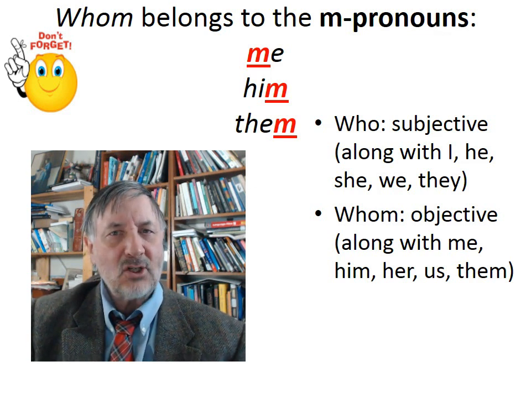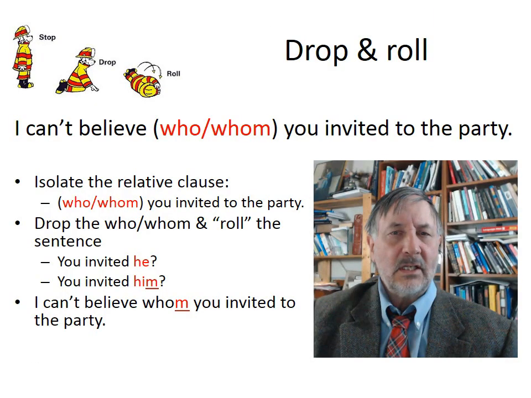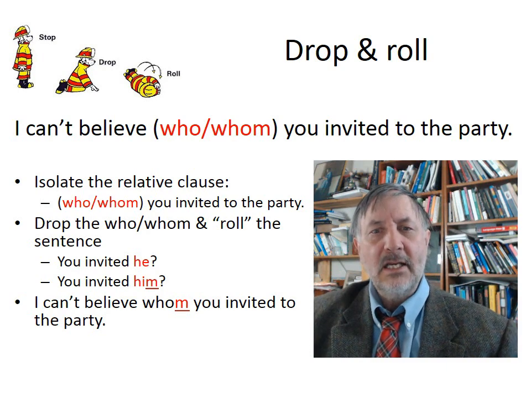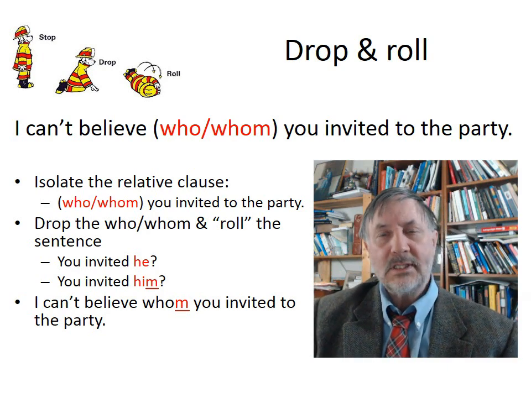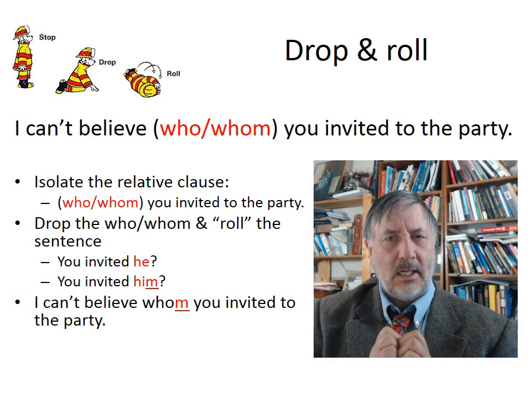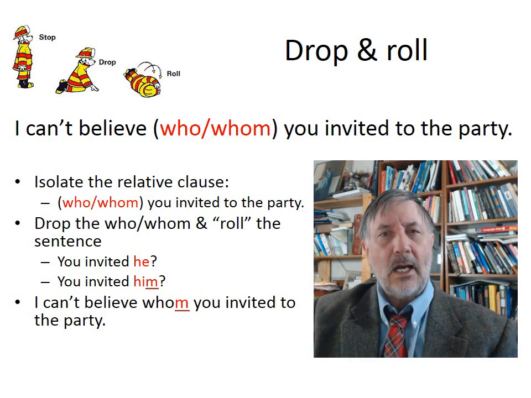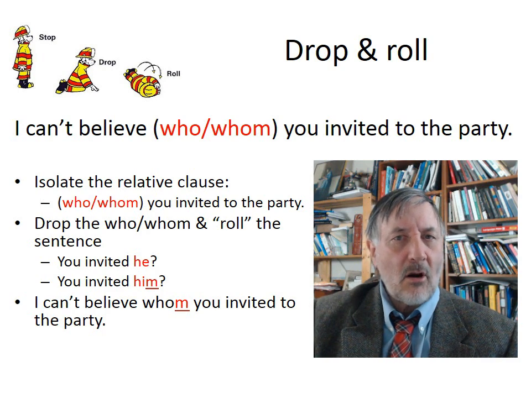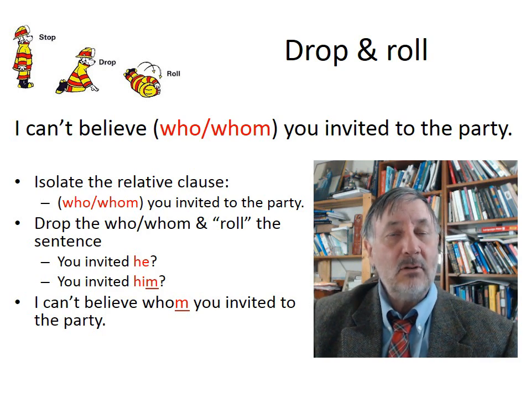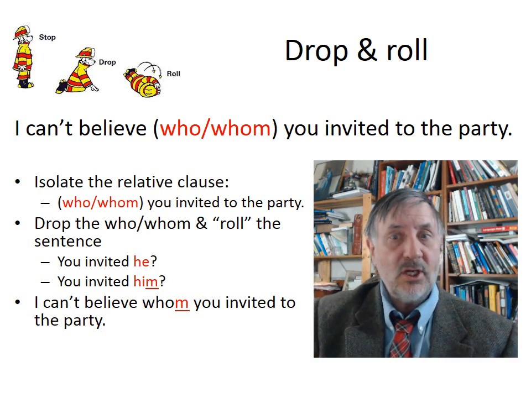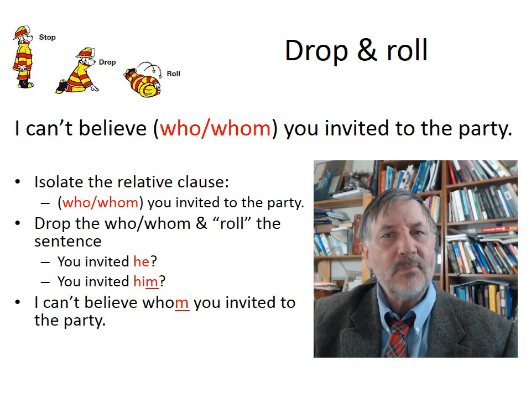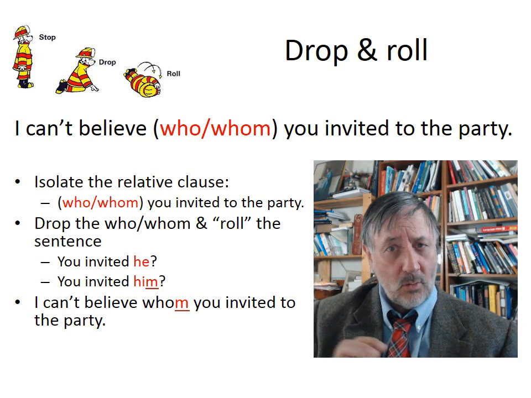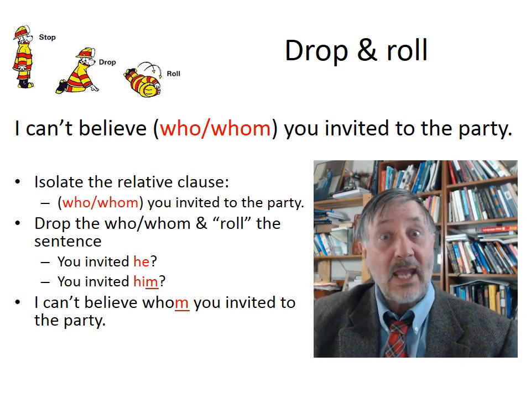Okay, I'm going to introduce you to another usage of the drop test. This one you might call the drop and roll, because you've got to roll the sentence into another form. Say we start off with the sentence, "I can't believe who or whom," you don't know which yet, "you invited to the party." So what do you do? You have a sentence like this and you want to use the correct form, who or whom, and you can't figure it out.